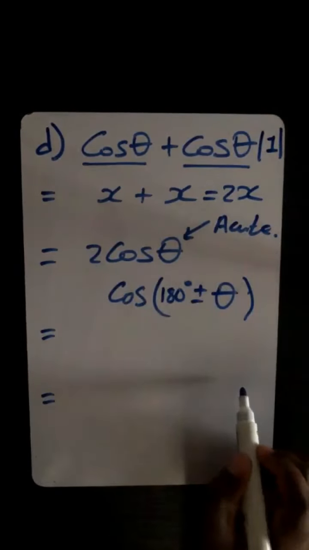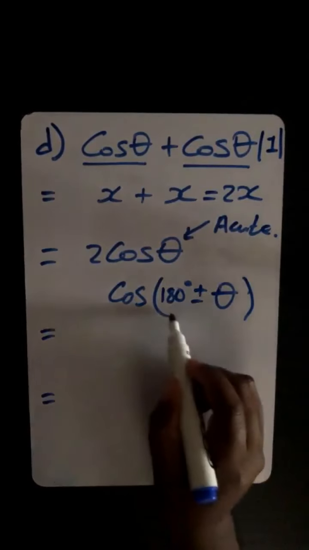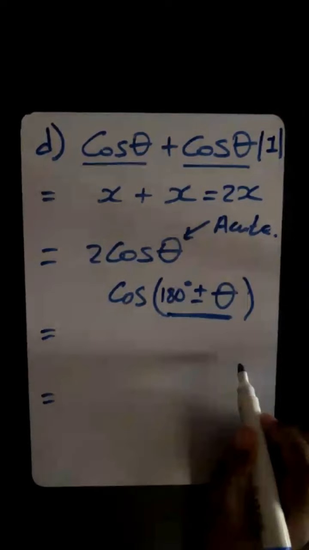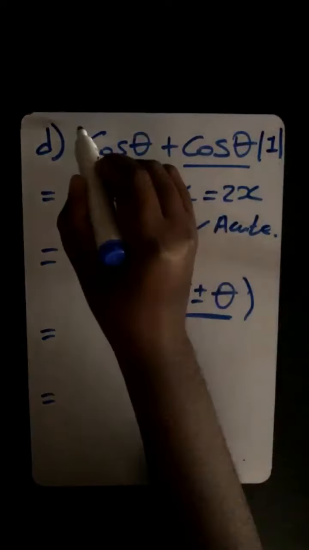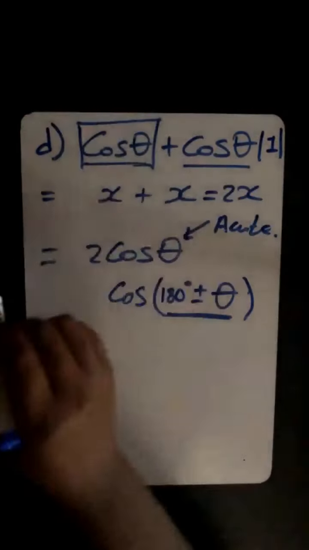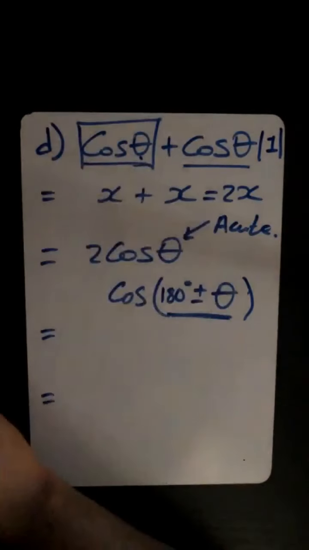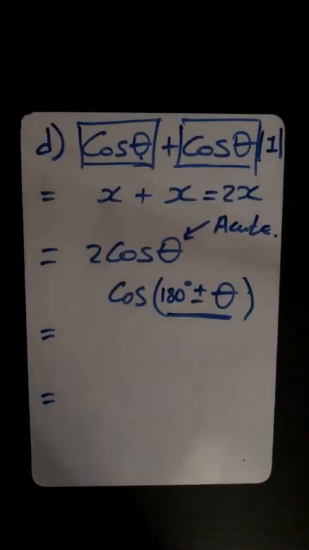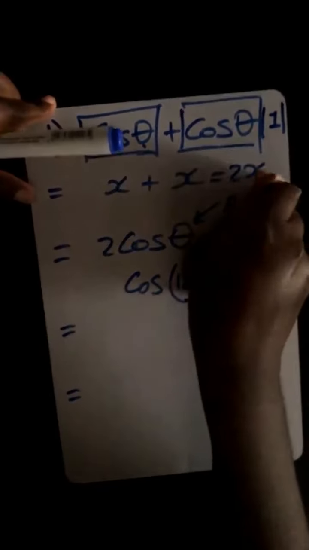So that's when you know this is not an acute angle, so use reduction formulas to convert it to an acute angle. Here you are already given a trig ratio with an acute angle.